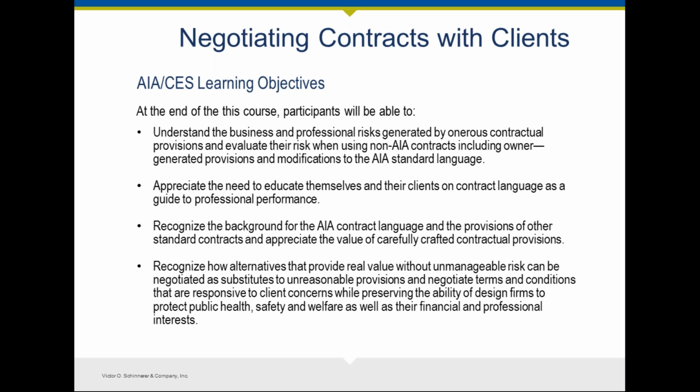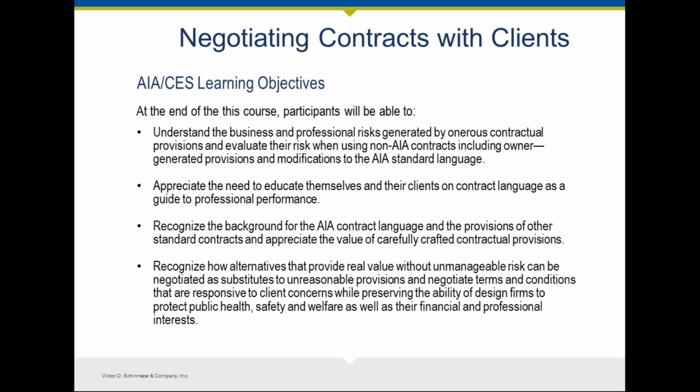So in this presentation, we'll seek to identify some of those onerous provisions. We'll contrast them with the sample language that we see in the AIA and EJCDC documents and identify what the differences are and how you'd be best served by being able to provide alternatives to your client.